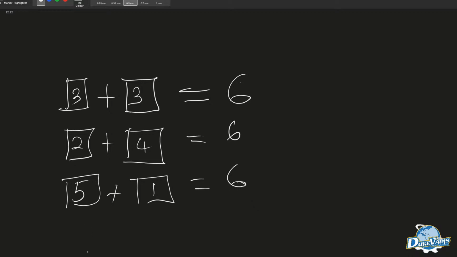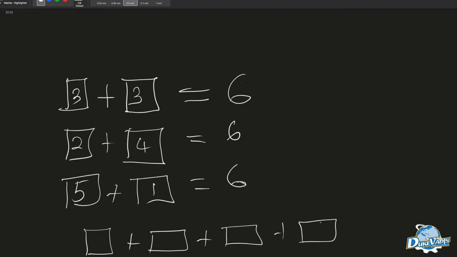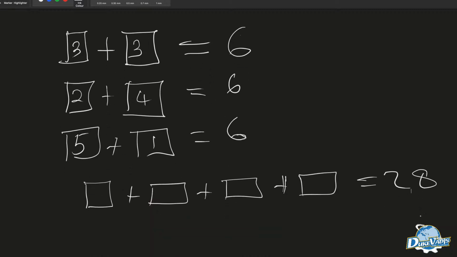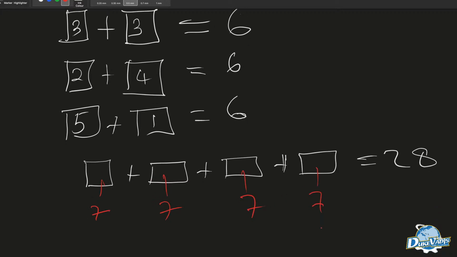If we have been given a box plus box plus box plus box is equal to 28, we know that 4 boxes equal 28, so each box can be 7, 7, 7, and 7. That will amount to 28.